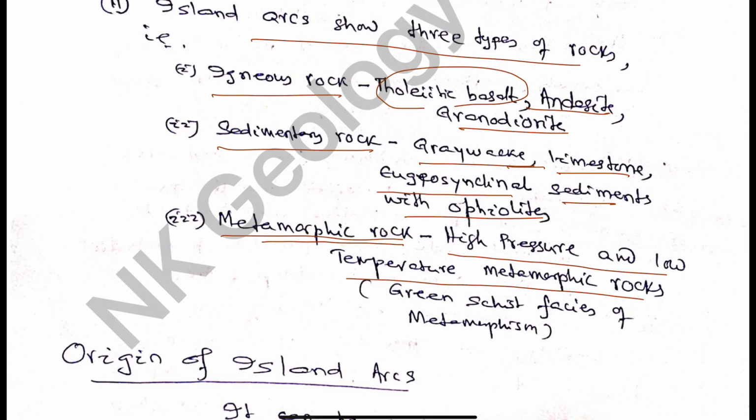So high pressure, low temperature rocks are being created near the island arcs. That's why the metamorphism grade is of greenschist type, which are seen to be present in the rock types of the island arcs. So island arcs are the site for igneous rocks, sedimentary rocks, and metamorphic rocks.